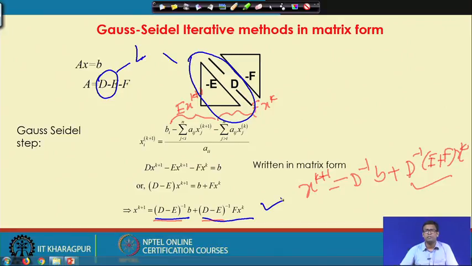The updated vector contains the inverse of a matrix multiplied with the right-hand side vector b, plus the inverse of some matrix multiplied with another matrix, which is multiplied with the guess value x. So, this is a general form. It is like x k plus 1 is equal to f plus M inverse N x k or something like that. So, let us look into the general form.